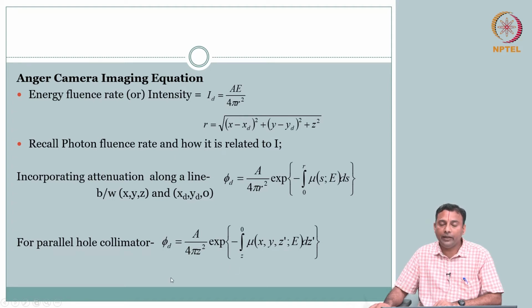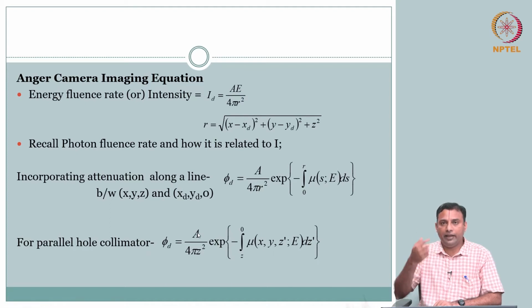A is radioactivity, that is fine, but A is what? A can be anywhere. A is a function of x, y and z of the body. It can be the front of the body, the back of the body, it can be from the head, it can be from the toe. So it is distributed. A itself is a 3-dimensional distribution.